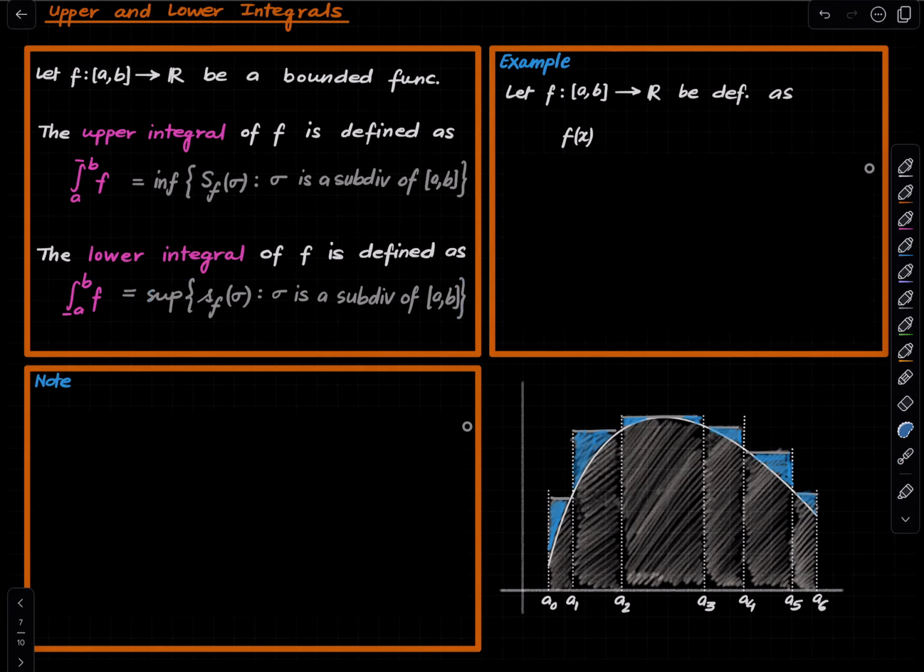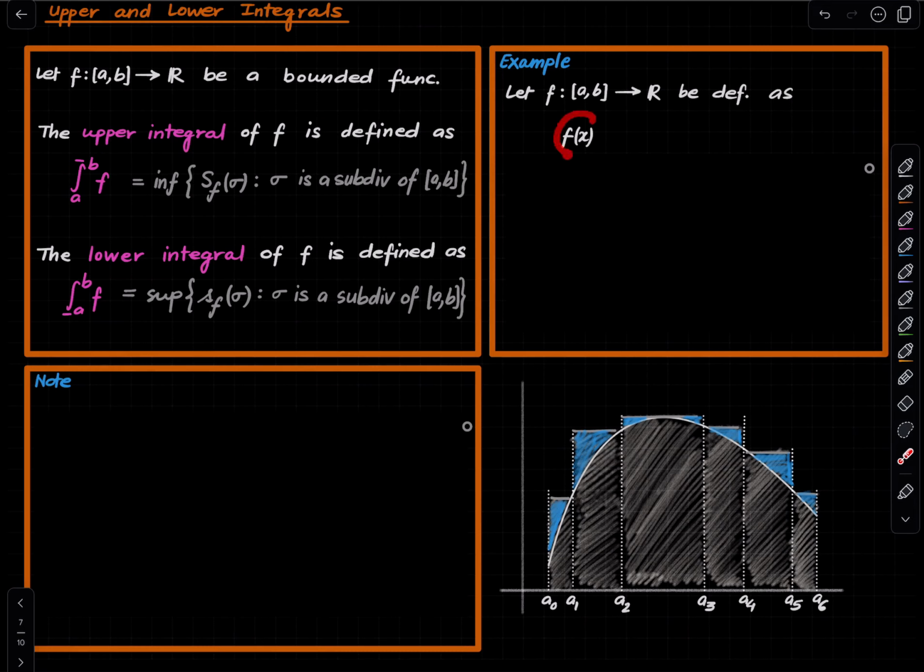Now, before I go ahead, I just want to illustrate that these two numbers, the best possible upper estimate and the best possible underestimate, can be different. So the upper integral and the lower integral are not guaranteed to be the same, even though the knee-jerk reaction would be that they must be the same.